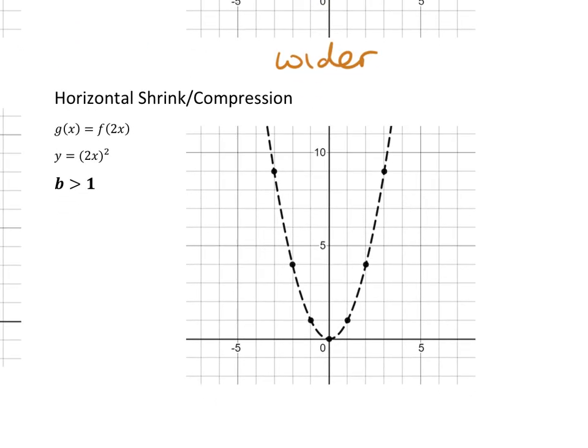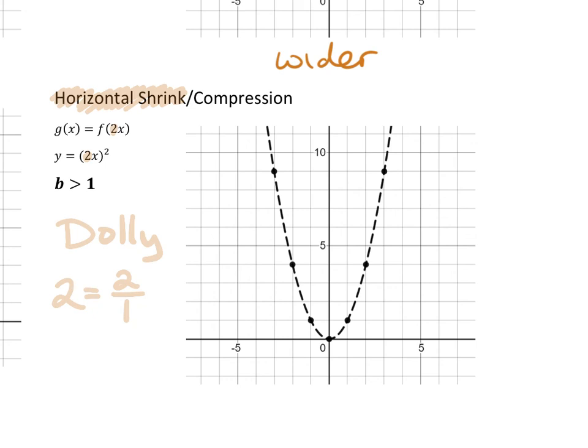For a horizontal shrink or compression, what kind of number is inside the parentheses? Is that a Dolly Parton number or a JLO number? Yeah, that's a Dolly number, because any whole number, remember, can be written as that number over 1, and that's bigger on top. That's a Dolly Parton number.